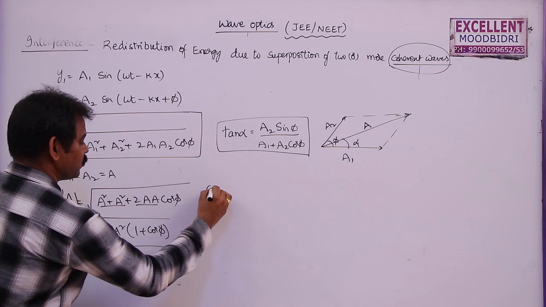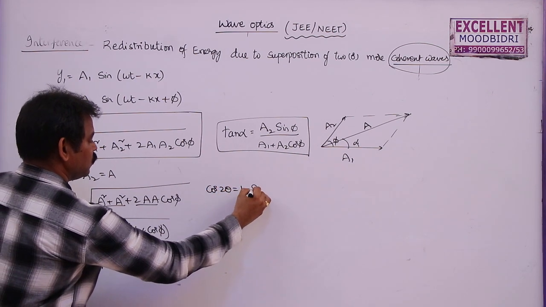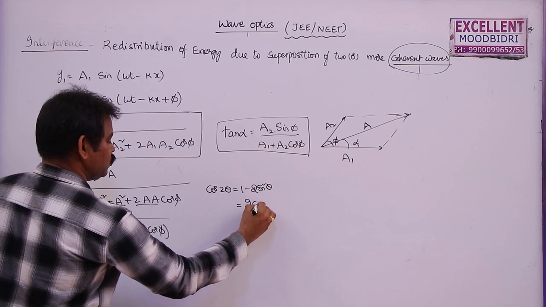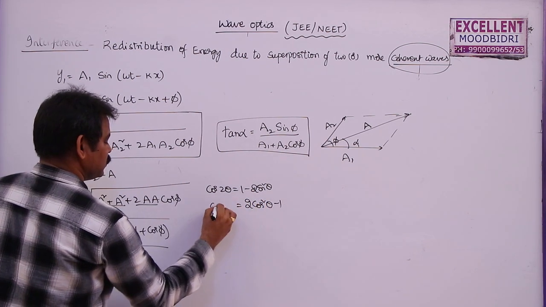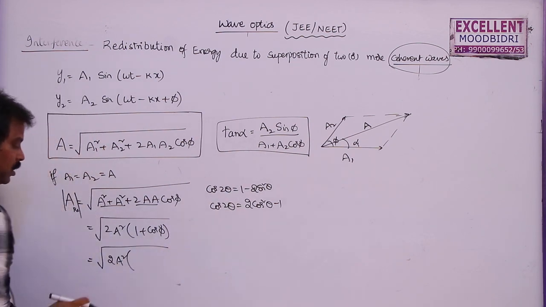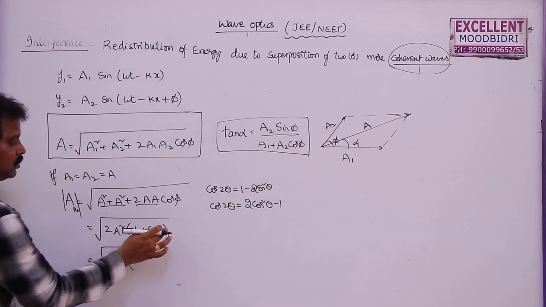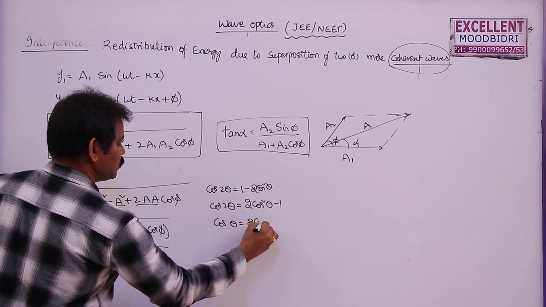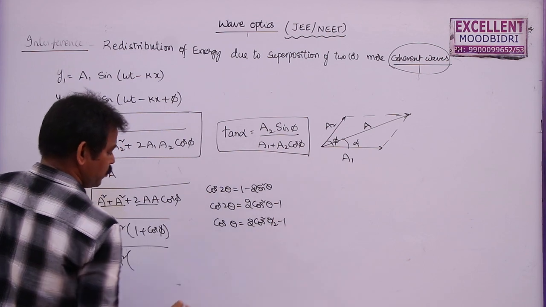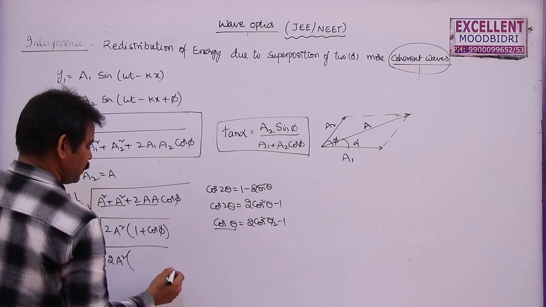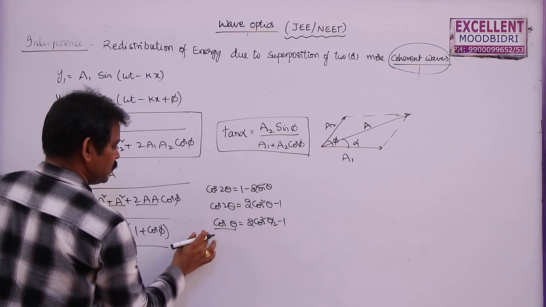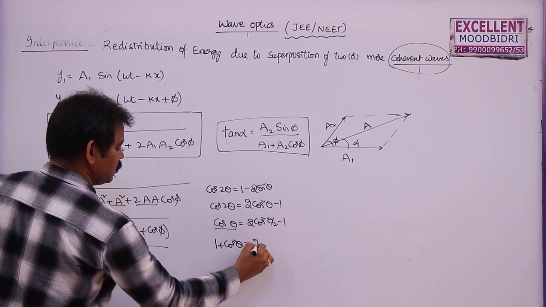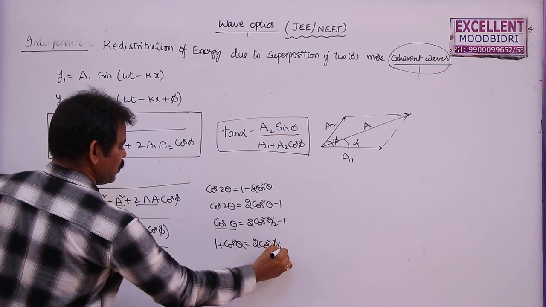We have this equation, cos 2 theta is equal to 1 minus 2 sin square theta. Similarly, this can also be written as 2 cos square theta minus 1, which is also equal to cos 2 theta. This is in the form of 1 plus cos theta. So cos theta can be written as 2 cos square theta by 2 minus 1. So if you bring this minus 1 to this side, 1 plus cos phi is equal to 2 cos square phi by 2.